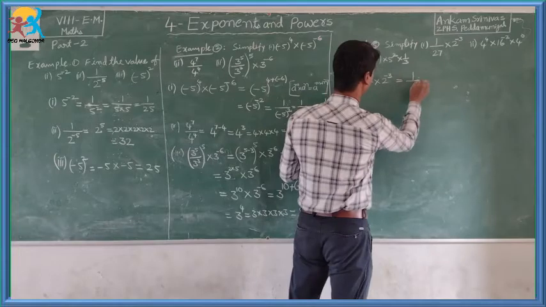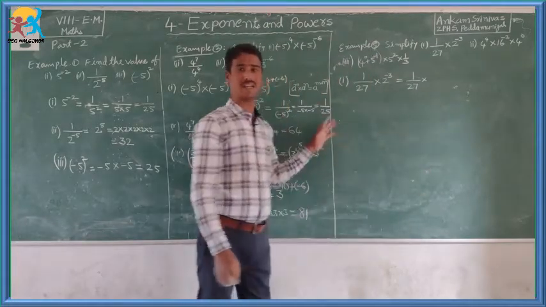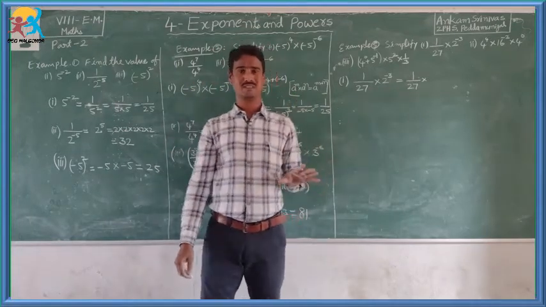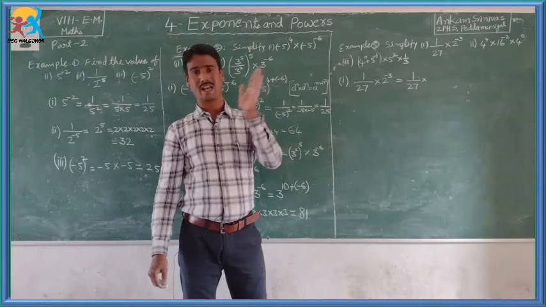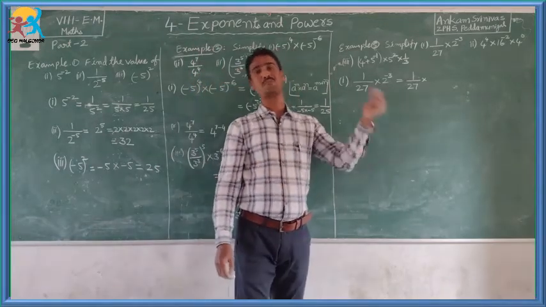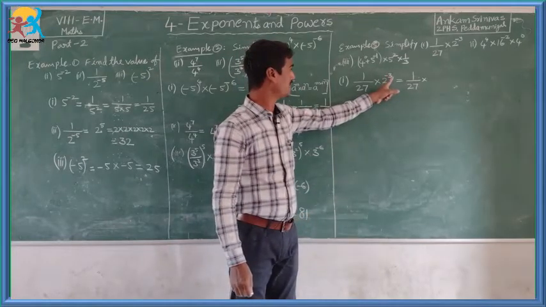So 1 by 27 into, we know that when the exponent of a power is negative, we have to write it as positive by writing the reciprocal. If you change minus into plus, it becomes 3.